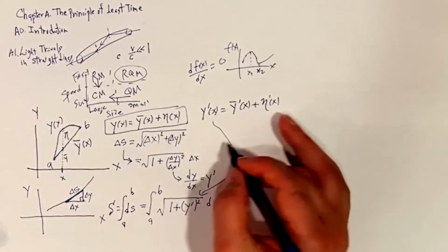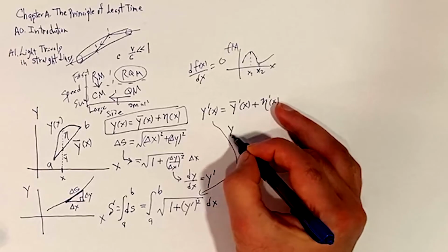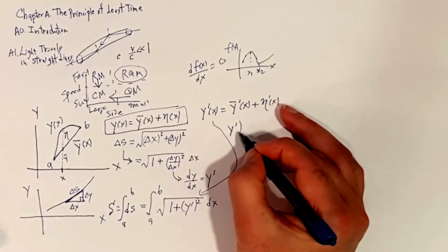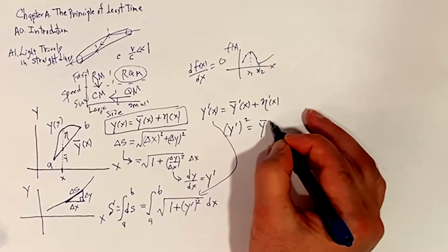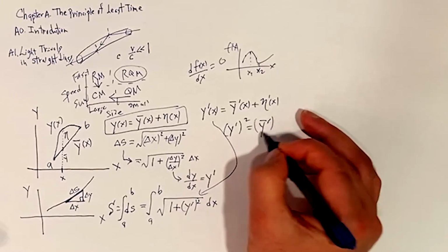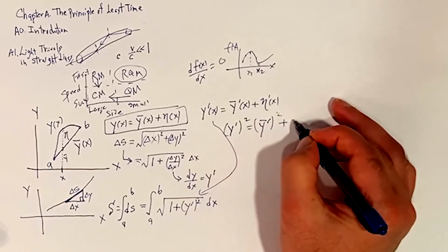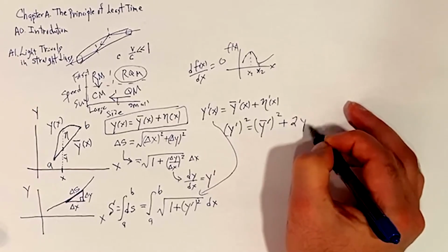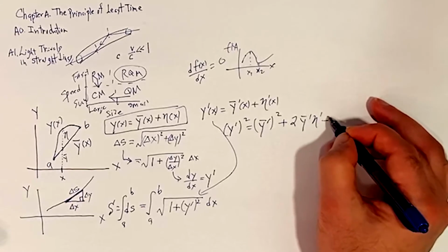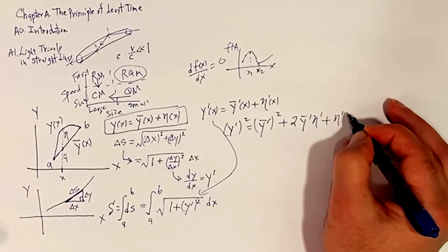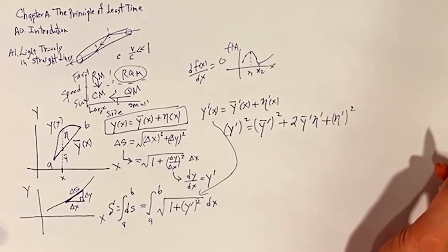But we have to square this. So if we square this, we get y bar prime squared plus 2 y bar prime eta prime, the cross term, and then plus eta prime squared.